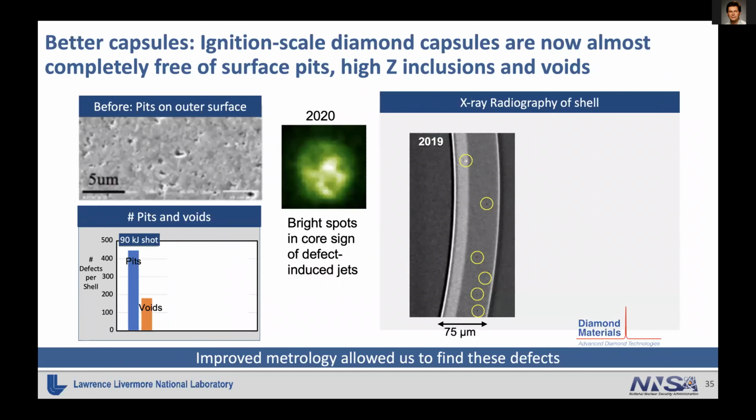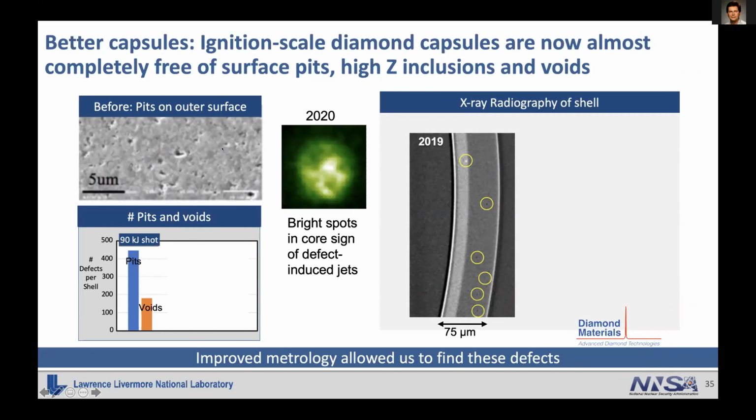First, the state of the art was ignition scale diamond capsules that had surface pits and high Z inclusion voids, but now they're almost completely free of those. So this is a material scientist type of slide.